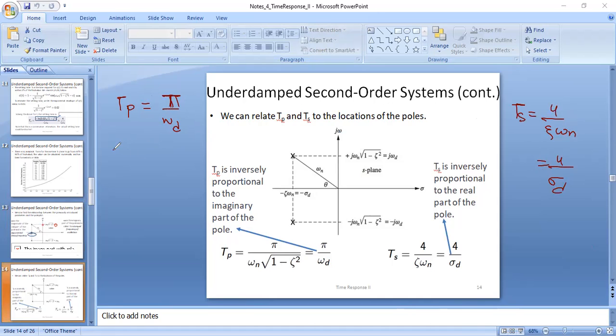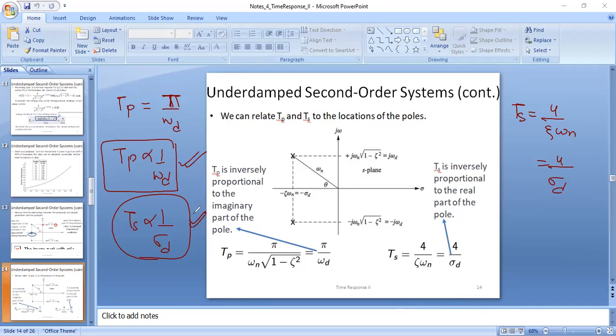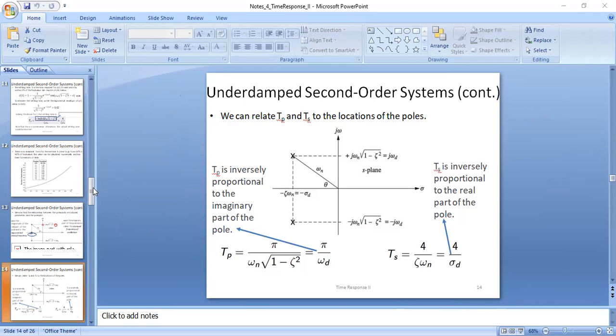So you can say that TP is inversely proportional to omega d and TS is inversely proportional to sigma d. It is only an interpretation we have made from these formulas. We will see in the question how we can use this information.